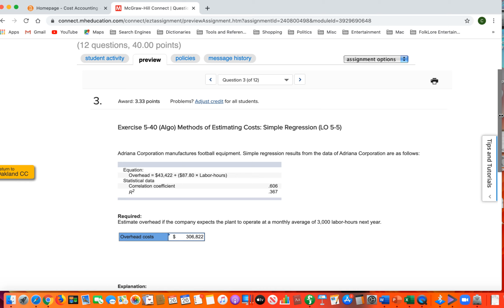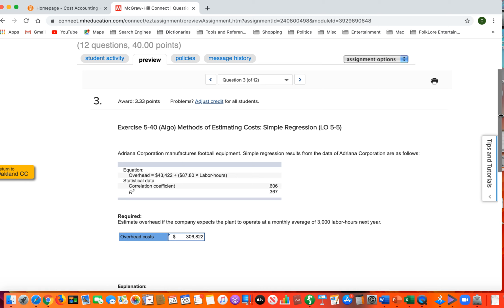Now, look at R squared. If you take 0.606 and square it, you get 0.367. That means almost 37% of the reason why overhead cost changes is attributable to the changes in labor hours.